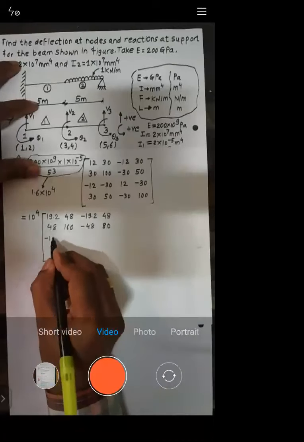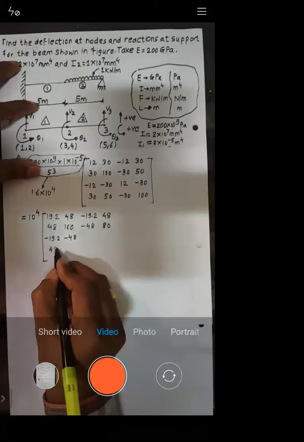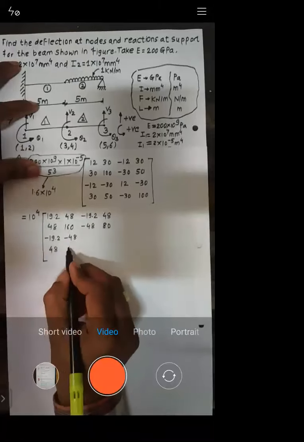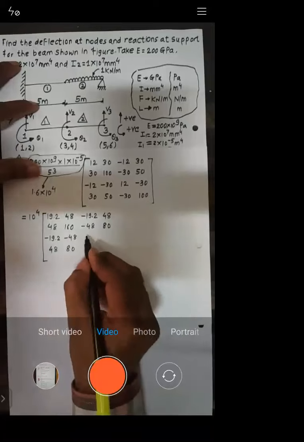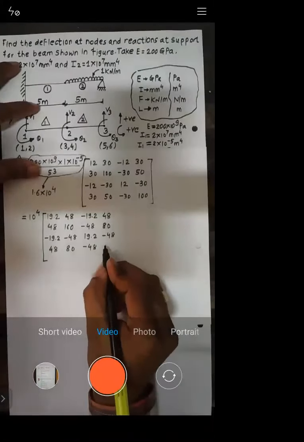So this is minus 19.2, minus 48, 48 and 80, right? Then 19.2, minus 48, minus 48, and this is 160, right?